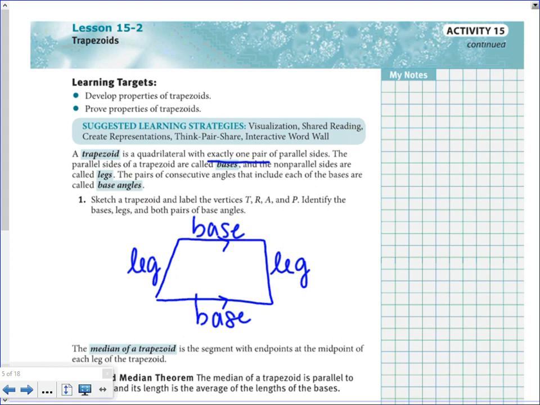Now looking at the base angles. They are going to be pairs of consecutive angles, and they have to include the bases. So if you look at one of your bases, I'll look at the bottom one. On either side of that base is an angle. Those two angles are base angles.